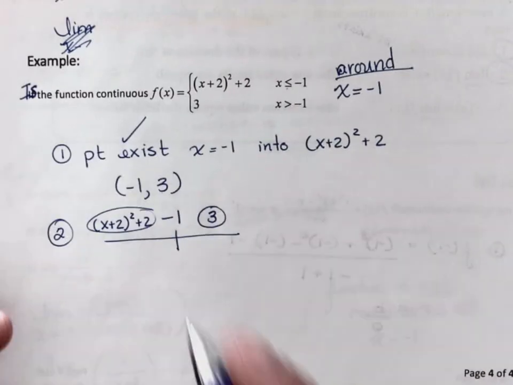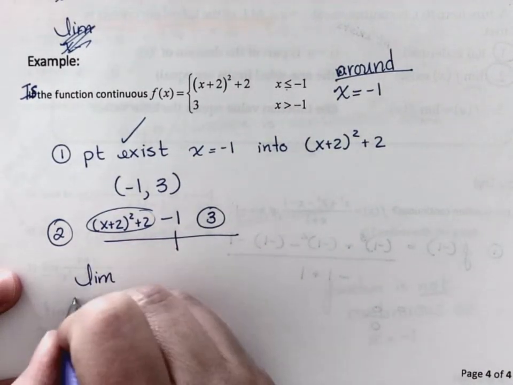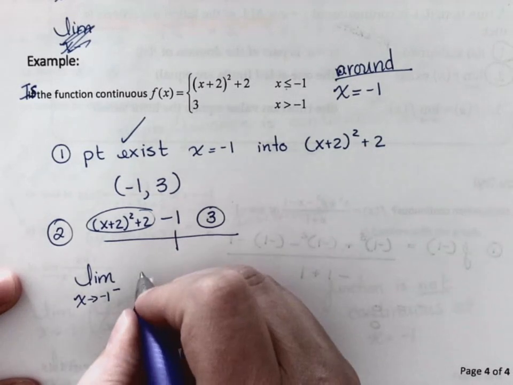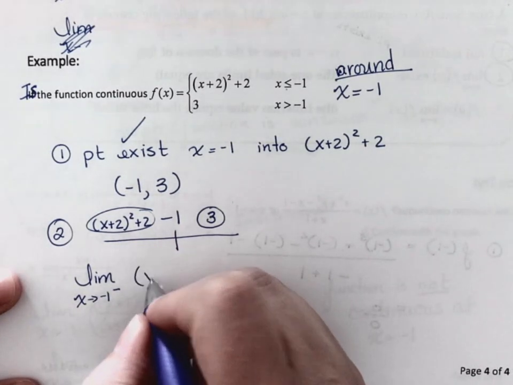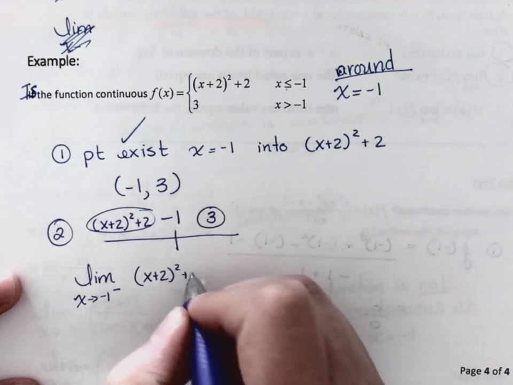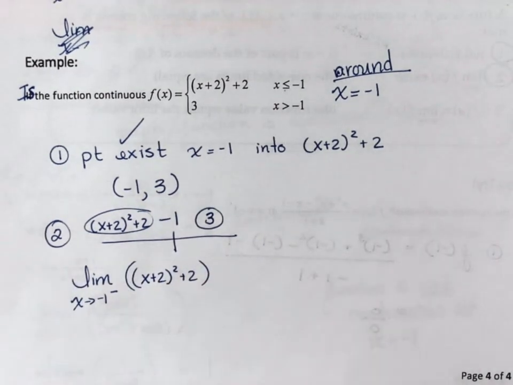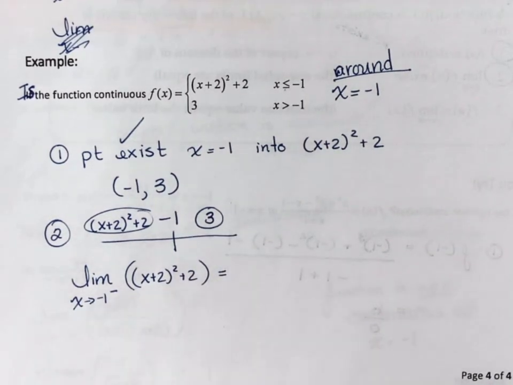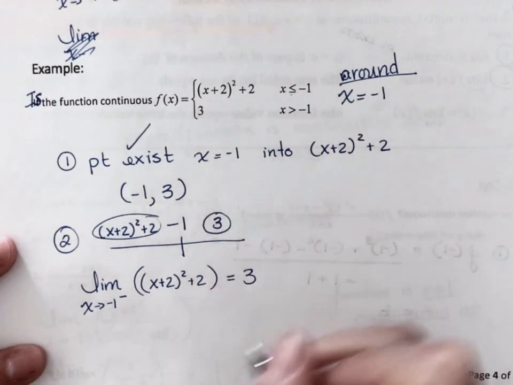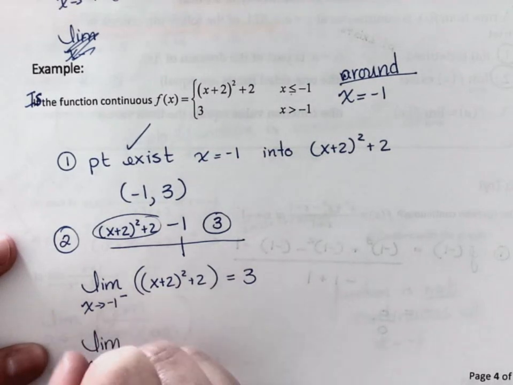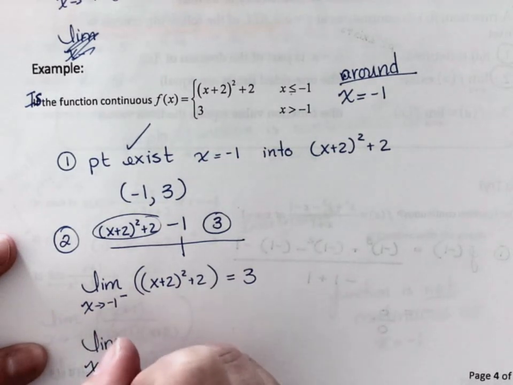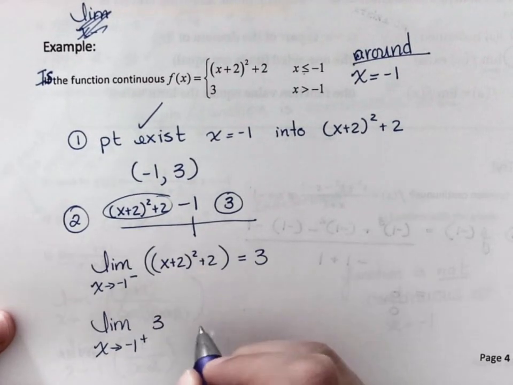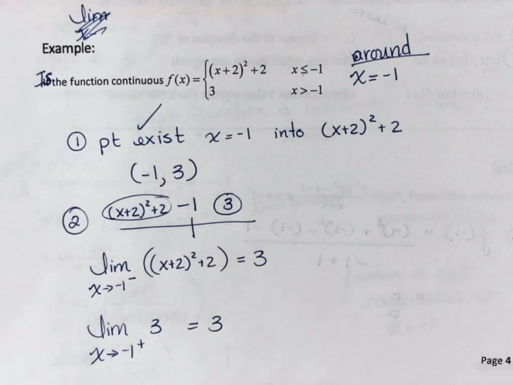Okay, so the limit as x approaches -1 from the left-hand side, we are looking at the function (x plus 2) squared plus 2. And we just did direct substitution in there. So what do we know that is equal to? 3. And then if we look at the limit as x approaches -1 from the right-hand side, we know that we're at function 3. So we know that the limit is 3.